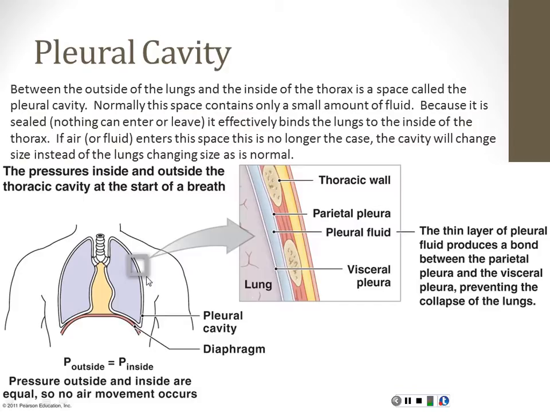Because as the chest wall pulls, the pleural cavity pulls on the lungs, because nothing can go in and nothing can come out. So it works as kind of glue between the body wall and the lungs themselves. All right, so same pattern as you saw in the heart, only for a different purpose.